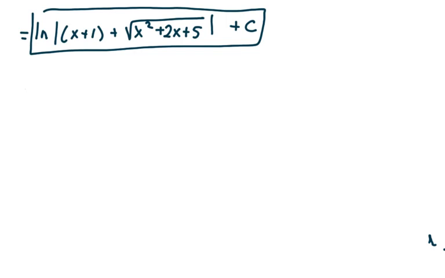And so I took advantage, by the way, of this property. Notice that natural log of a over b is natural log of a minus natural log of b.